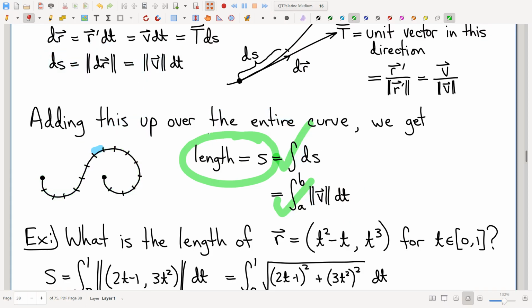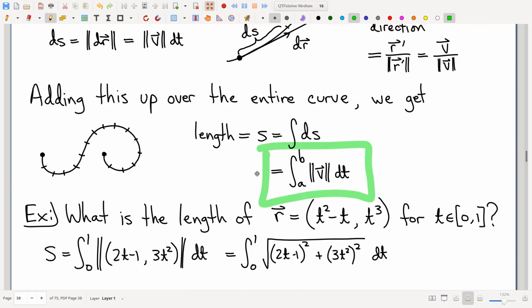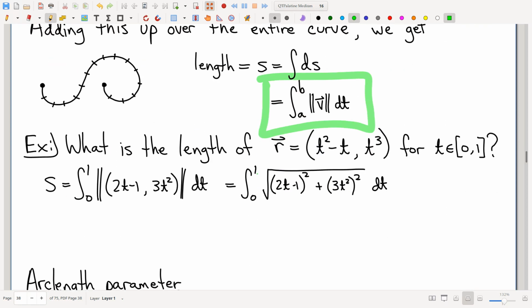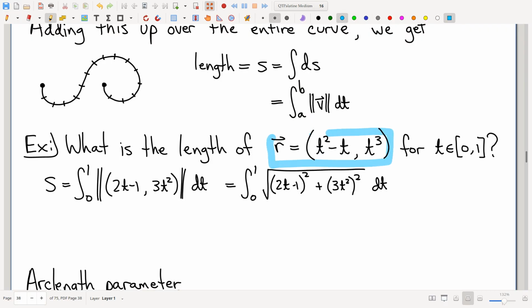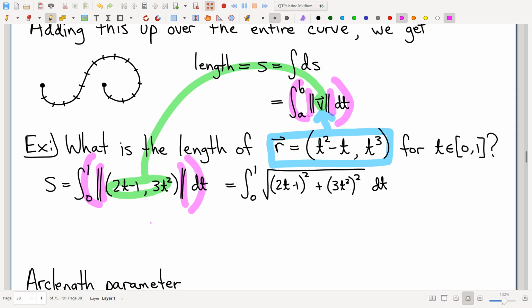So this is the formula for computing arc length. It's very plug and chug. You'll notice in this example, we take our given parametrized curve, we take a derivative. There's the derivative. Then we take the magnitude, we integrate, just like in the formula.